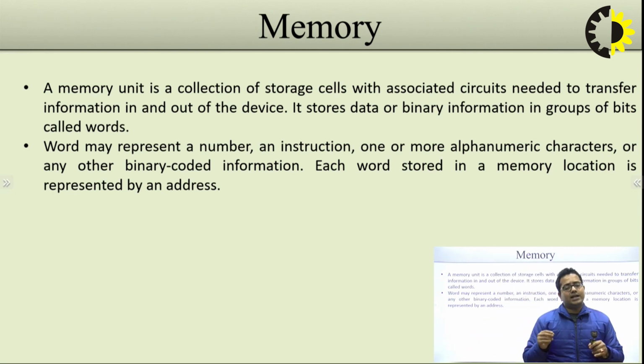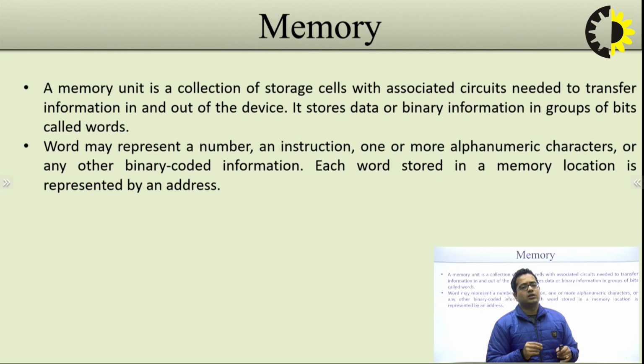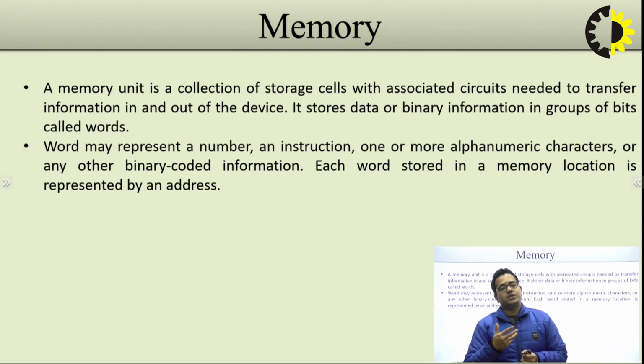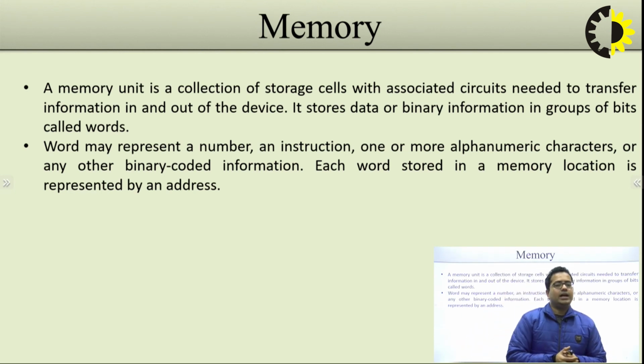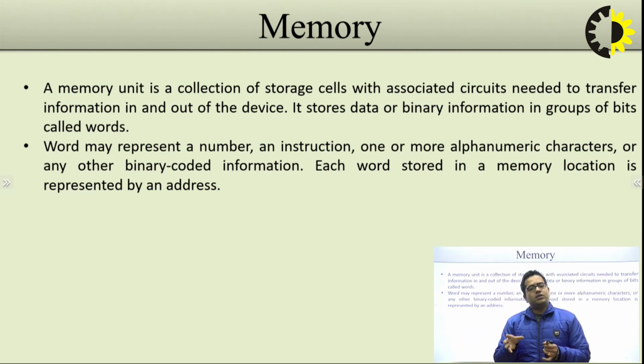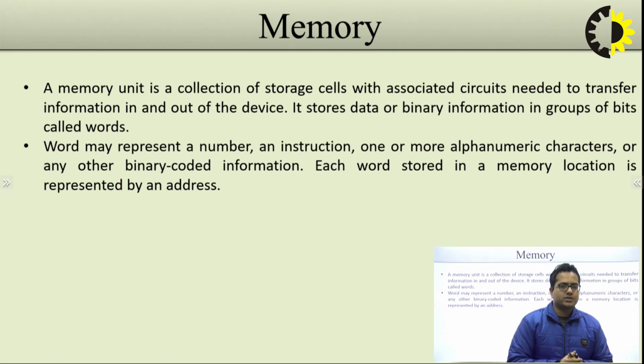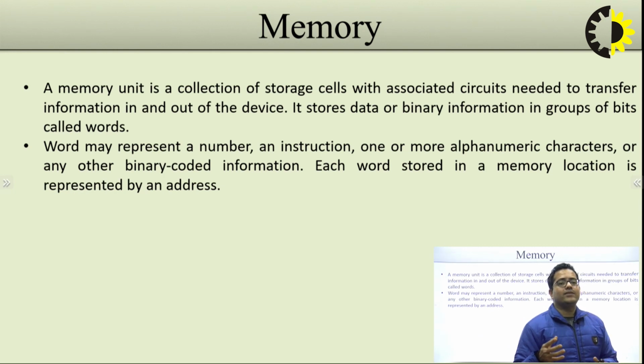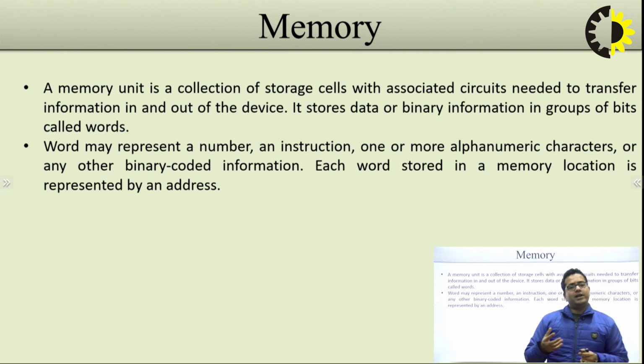Now, what is a program and what is data? A program is a set of instructions, and data is something on which we want to perform operations. As an example, everyone has a mobile phone with various apps.